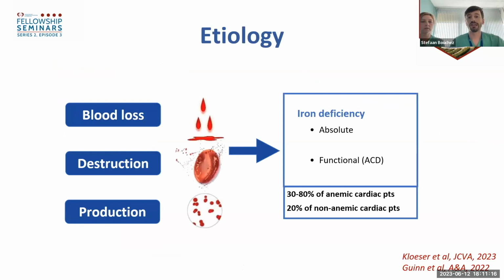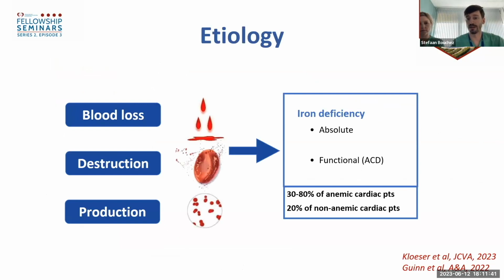In terms of etiology, we should be aware that in cardiac patients, anemia is mostly multifactorial. So it can be either from blood loss or destruction or some decreased production. But either way, in any pathophysiological pathway, it ends up leading to iron deficiency, which can be absolute or functional.